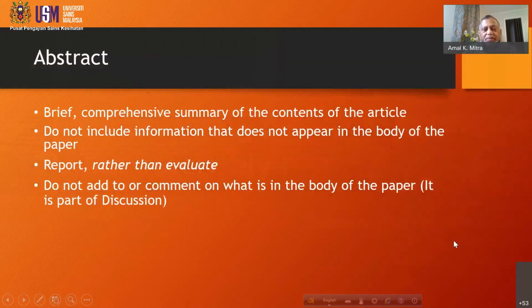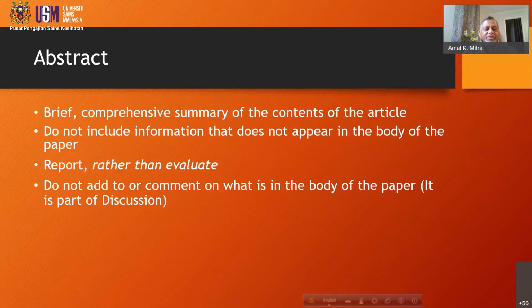So we talked about the title. Now, the second part of the paper is the abstract. Those who were with me last session, I asked you which part of the paper you prefer to write first.